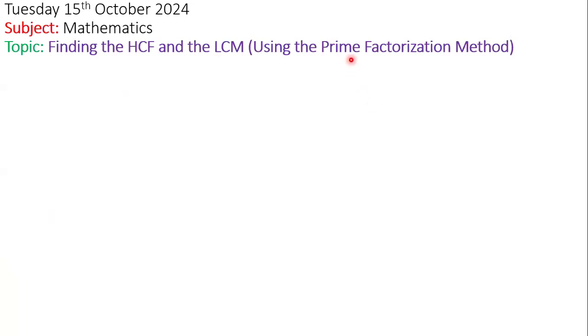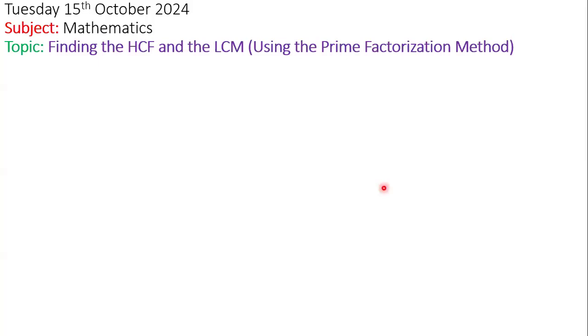So finding the HCF and LCM using the prime factorization method, that's what we're going to be looking at today. Amaya, what is the topic for today? Finding the highest common factor and the lowest common multiple using prime factorization. When we say prime factorization, what do we mean by prime factorization?